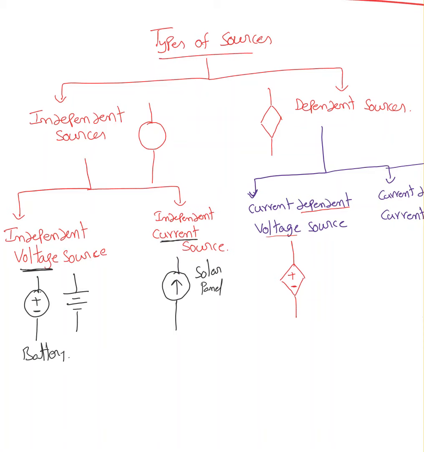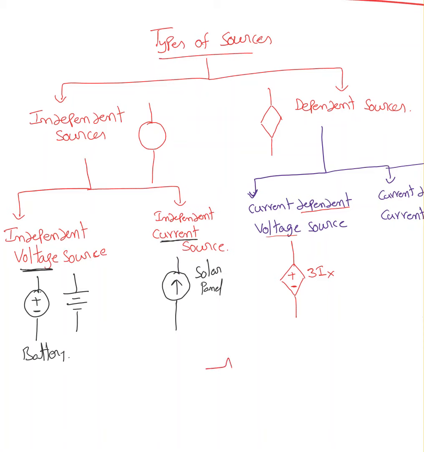Now this voltage source depends upon the current. I'm going to take a hypothetical number, 3 times Ix, where Ix is the current passing through some different element.